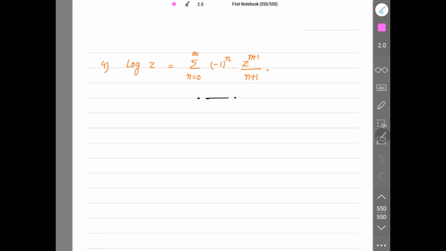And remaining log of z, that is your natural log, not 1 plus z, only log of z. So you will get summation n going from 0 to infinity minus 1 the power n into z the power n plus 1 over n plus 1. This is the value for the principal branch log of z.